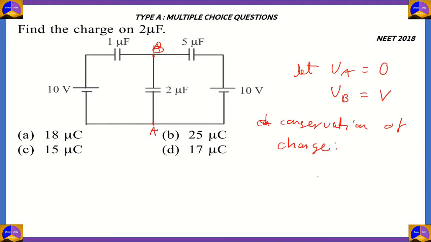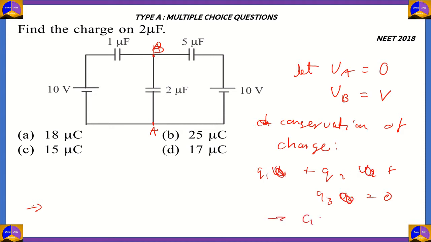So how do you conserve charge? Well, since conservation of charge is the unit that we're taking, it's Q1 plus Q2 plus Q3 equals 0.